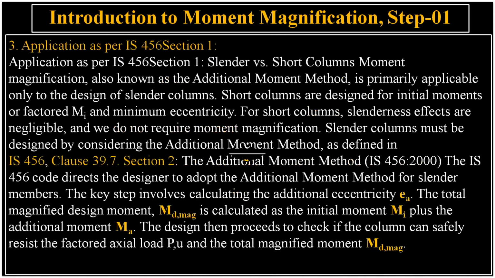Application as per IS 456, Section 1, Slender versus Short Columns. Moment magnification, also known as the additional moment method, is primarily applicable only to the design of slender columns. Short columns are designed for initial moments or factored moment, MI, and minimum eccentricity.